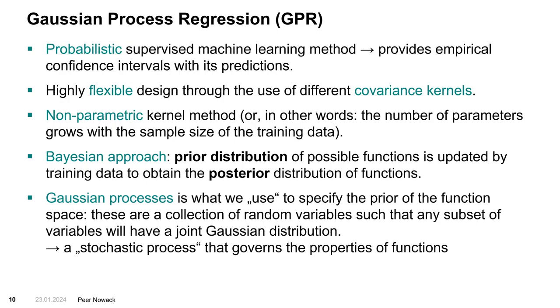Normal distributions you have seen many times before, and I assume they have some nice properties, right? Integration is easy, and combination, multiplication, summation becomes somewhat easier. So Gaussian distributions have some very nice properties that we can use here. But ultimately, they are also a good equation to describe stochastic processes, which this fundamentally is. A Gaussian process is a stochastic process describing the stochastic behavior of properties of functions that we want to constrain to predict.